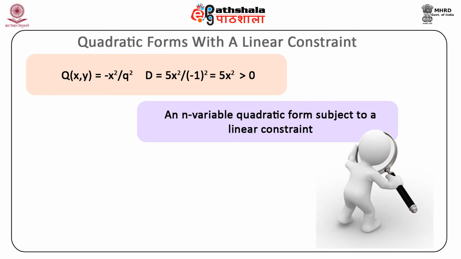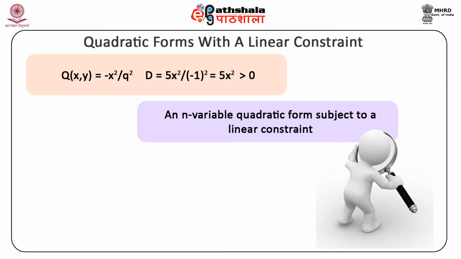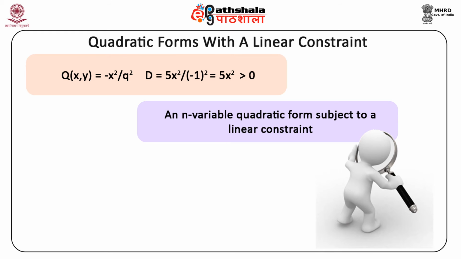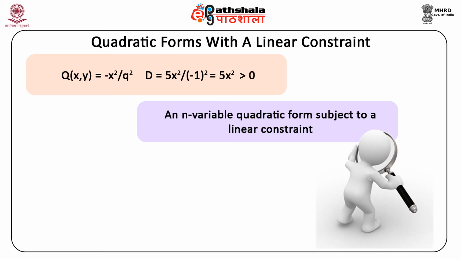For the n variable case, the conditions may be stated in terms of the leading principal minors of the bordered discriminant, the determinant D here. Say determinant D1, determinant D2, determinant D3, and so on. Note that the first leading principal minor D1 is always 0.